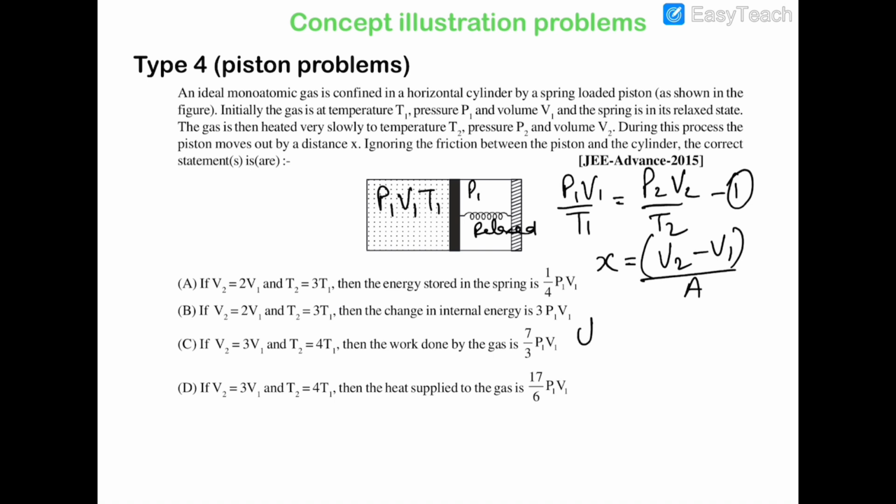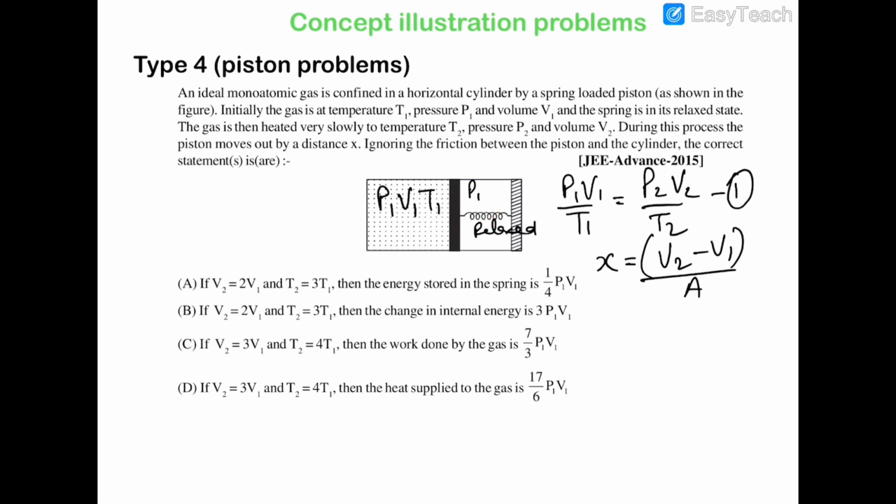Obviously this piston is moving very slowly, so this piston would be in equilibrium at all times. Therefore the pressure of the gas will be equal to the pressure of air on this side plus the spring force per unit area.